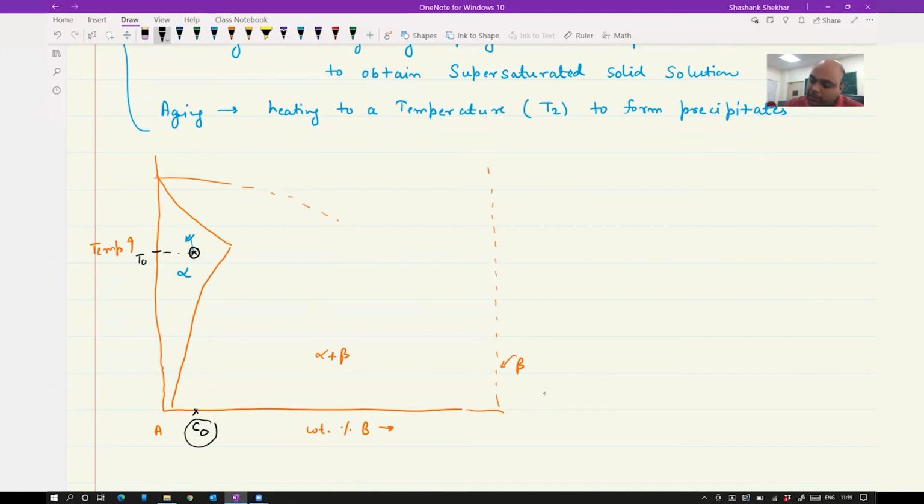So if you talk about the microstructure, at a temperature T naught you are going to see a microstructure which will not have any precipitates. If it is a polycrystalline material, you are going to have a microstructure like this.